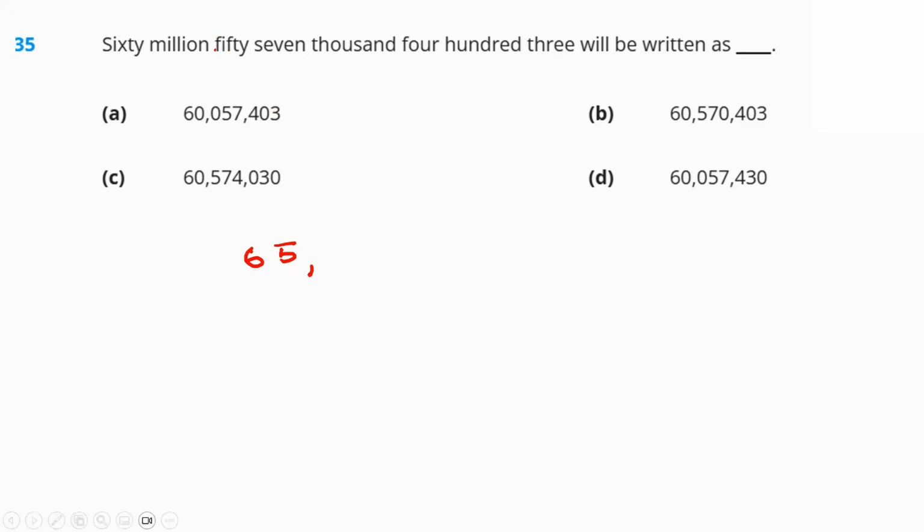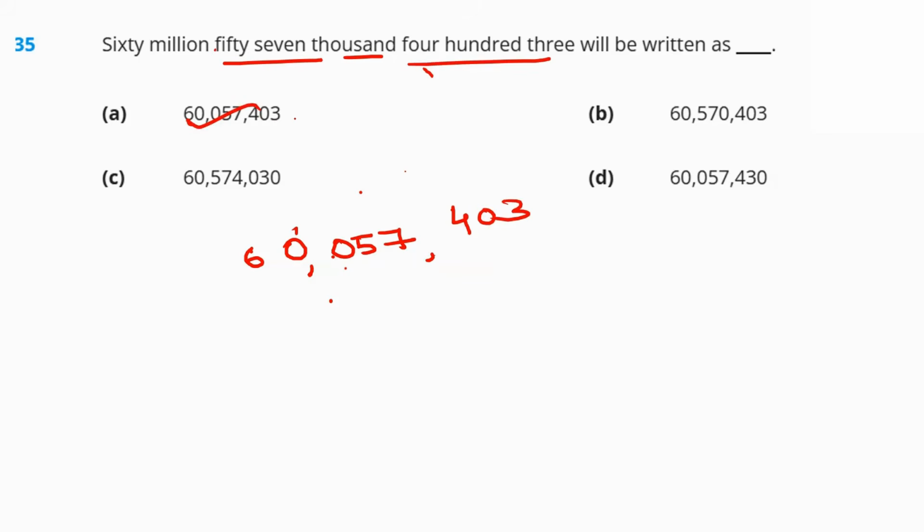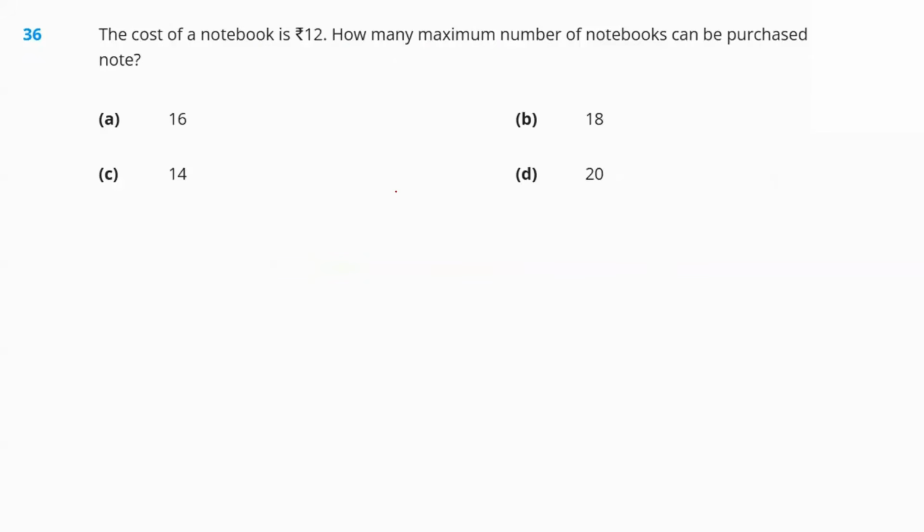So we write 60, then 057,000. There are 3 digits in the thousands period, so it's 57 and should be written as 057. The hundreds have nothing. Then 403. That's the number: 60,057,403, option A.